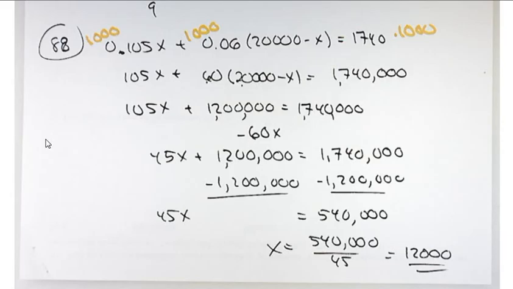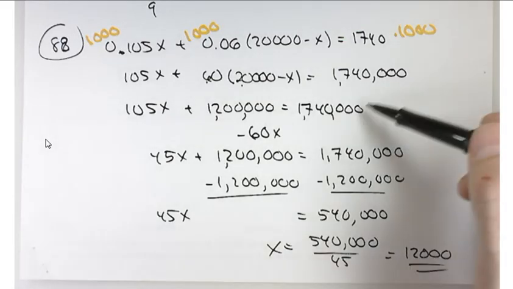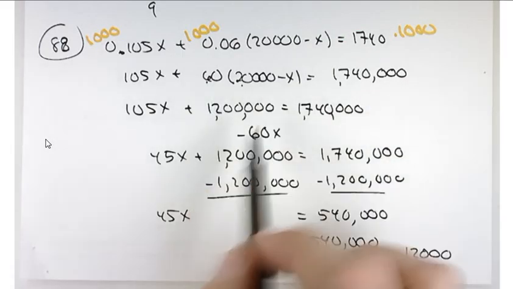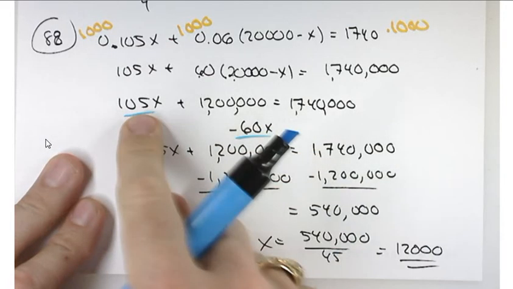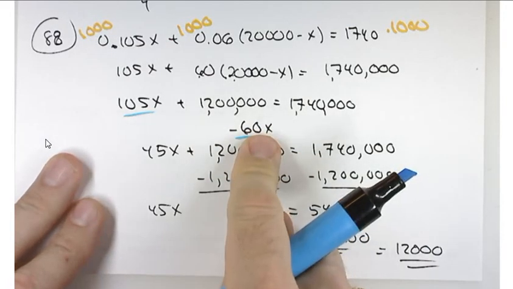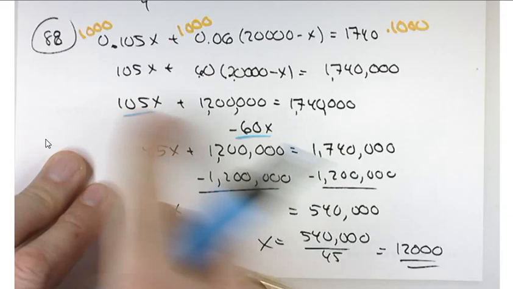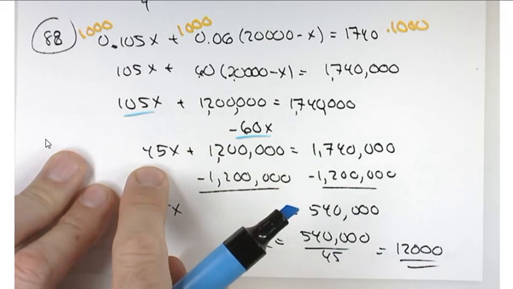Excuse me. Yes. Can you repeat from the third step, please? The third step, I mean moving down. So after we distributed, we had like terms, the 105x and the minus 60x, so you can combine those. 105 minus 60 gave me the 45.